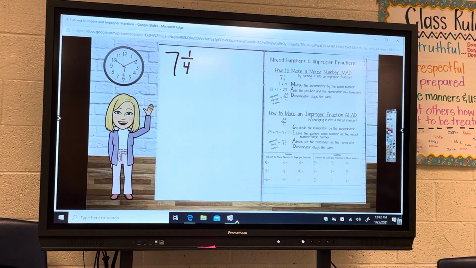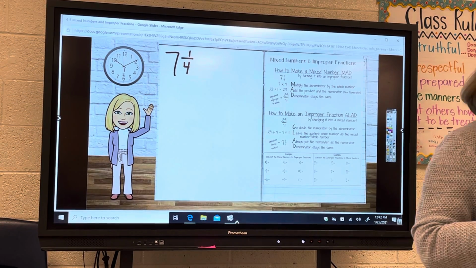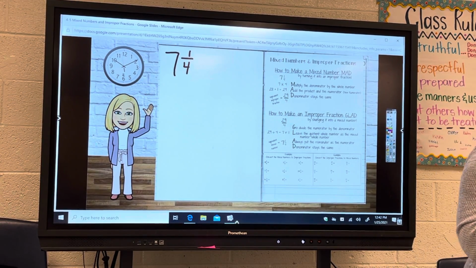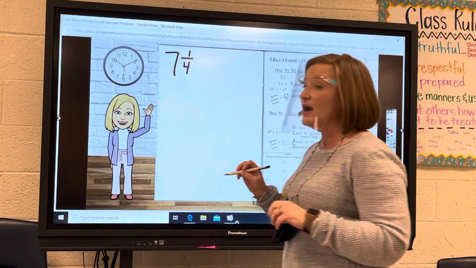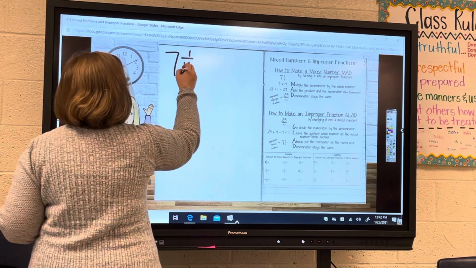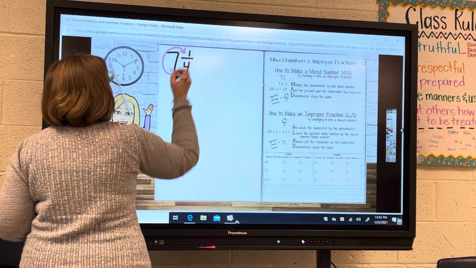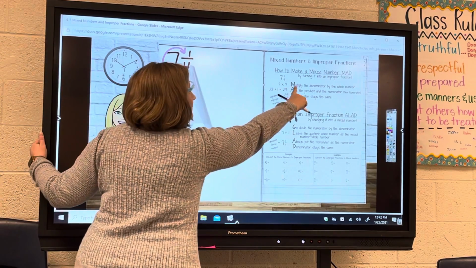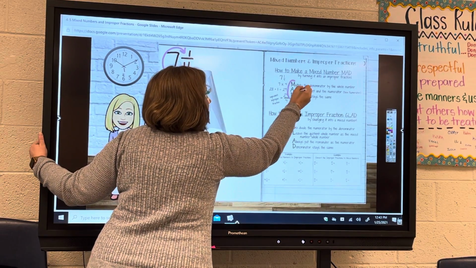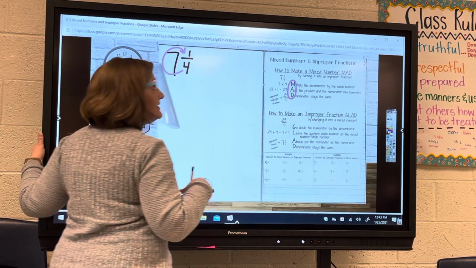It's a mixture, whole number and a fraction. Now, if we want to make a mixed number mad, we turn it into an improper fraction. And we're going to do that by using a C, like this. M, we're going to make it mad. You see that's what it says right here, M-A-D.